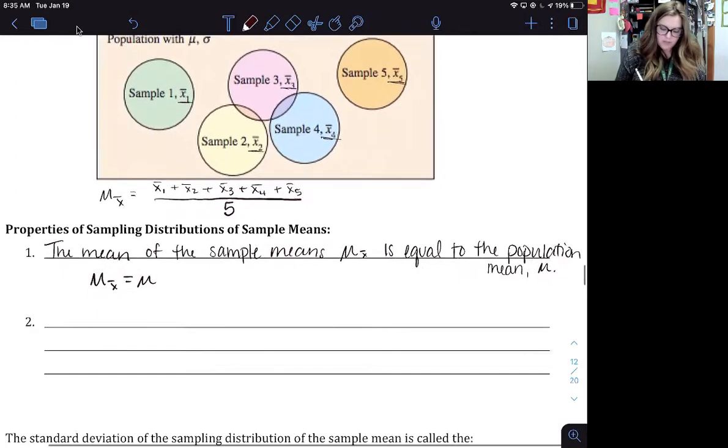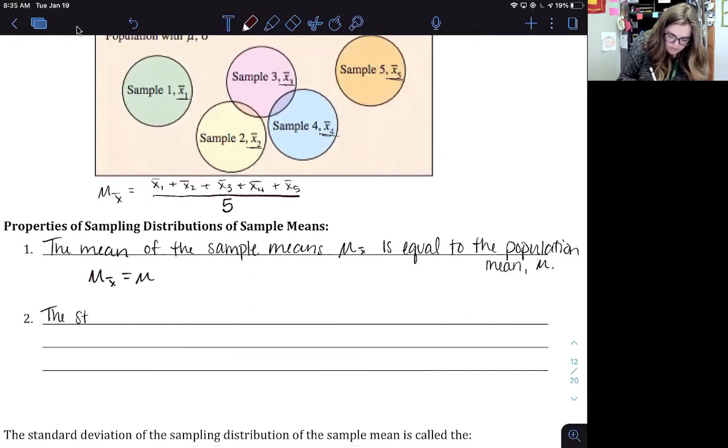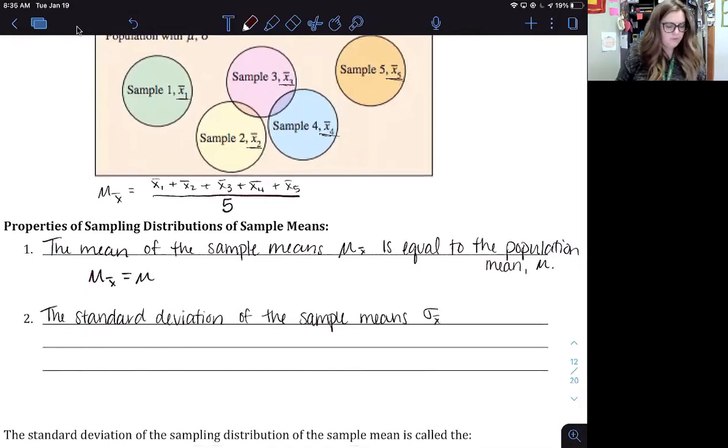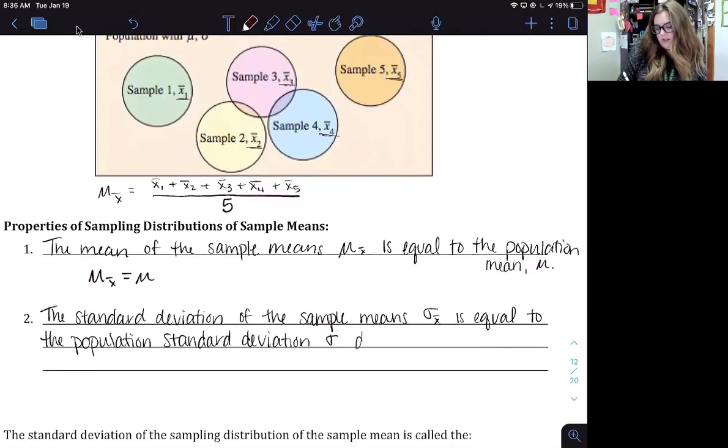All right, so then we can look at our standard deviation. So the standard deviation of the sample means, which we denote with sigma of X bar, is equal to the population standard deviation, sigma, divided by the square root of the sample size, which remember we use n to denote.